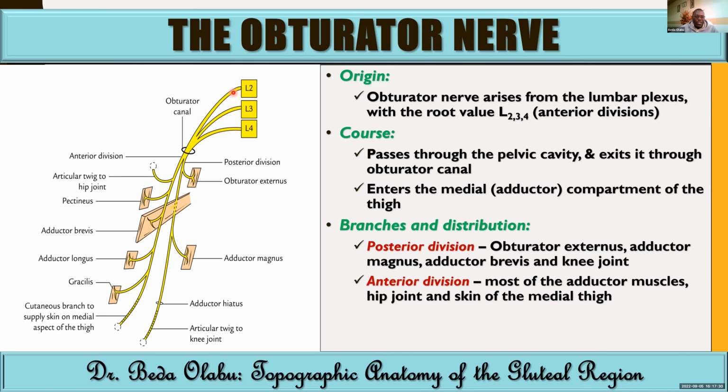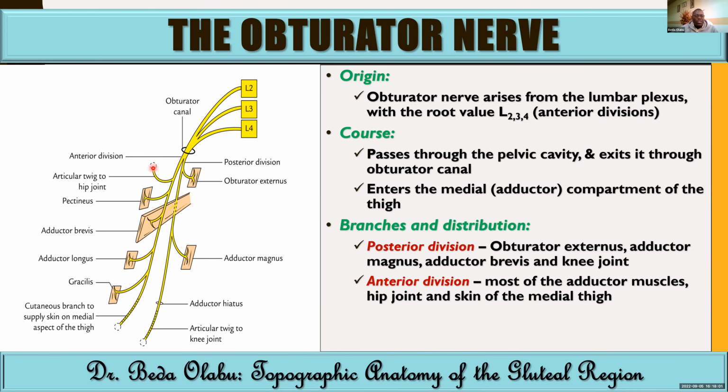First we can see its origin there, L2, 3, 4, forming the nerve, then the two divisions, the posterior division going to obturator externus, adductor magnus, adductor brevis, and having a sensory distribution to the knee joint. This is the one that was found within the adductor canal as a content as well. You can see it passes through the adductor hiatus, just like the superficial femoral vessels.